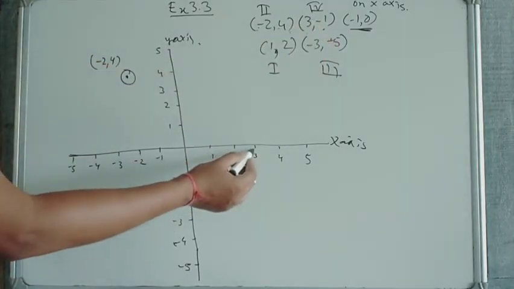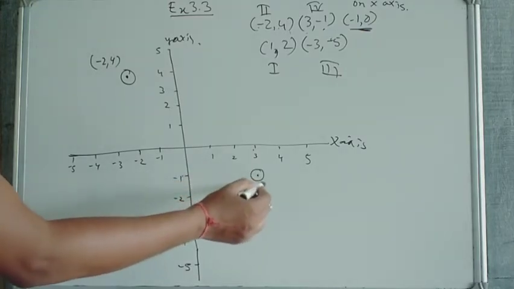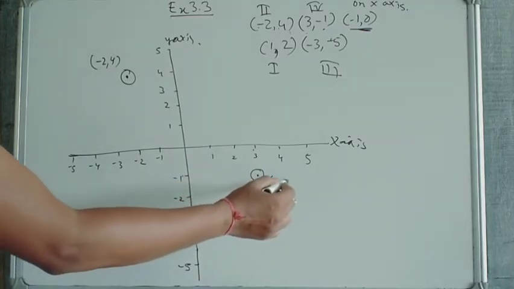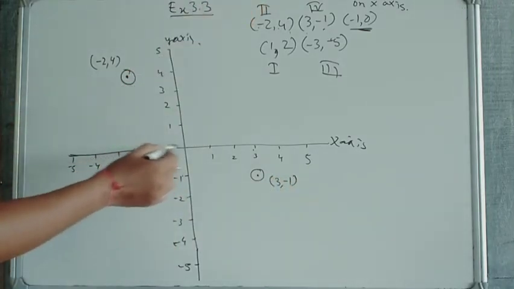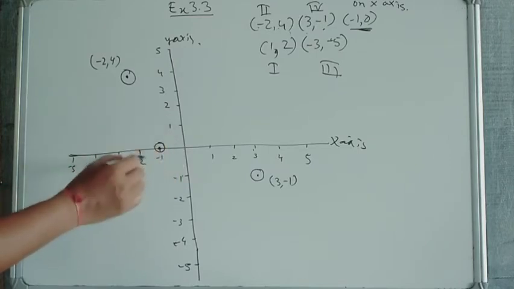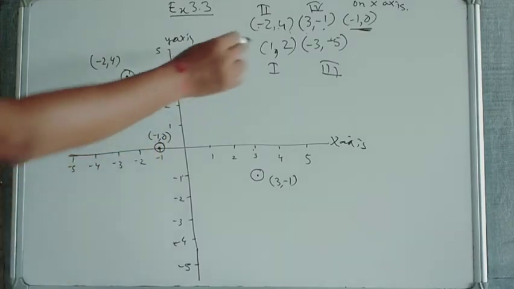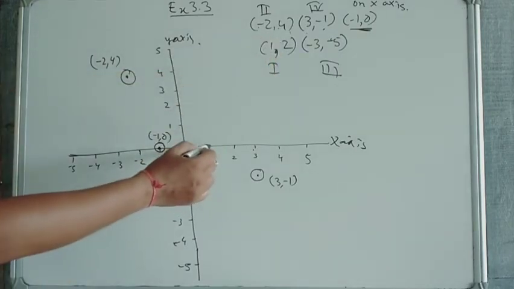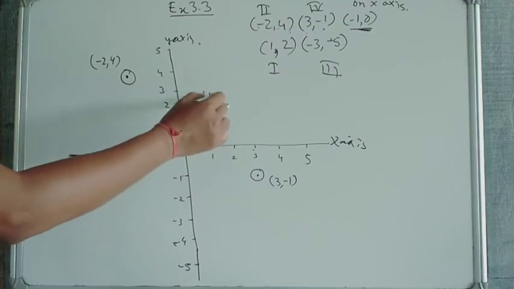So 3 positive and minus 1, that means here it will be 3, minus 1. Then the next one is minus 1, 0. It is on the x-axis, that is minus 1, and y value is 0. So this is your minus 1, 0. Then 1, 2. So x is 1, y is 2, that is here.